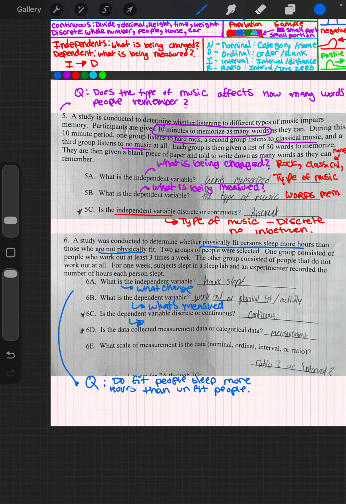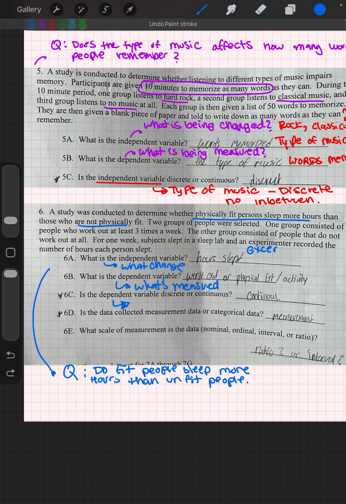What changes is consistent, I'm going to say exercise. What's changing is if they work out or not, so work out versus not. What's being measured is their sleep.